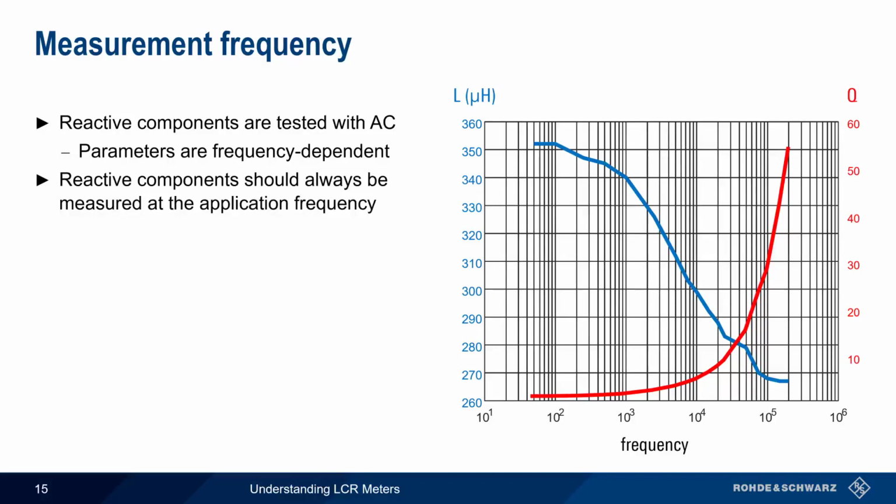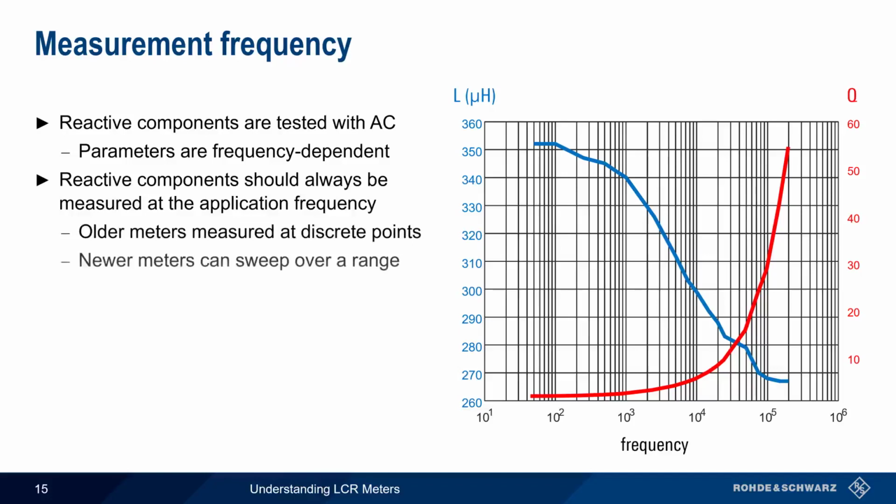Older or traditional LCR meters often only measured at discrete frequency points, but newer meters are able to measure by sweeping across the defined frequency range. And although resistors are normally tested with DC, note that even these pure resistances may contain some reactance when tested using AC at different frequencies.